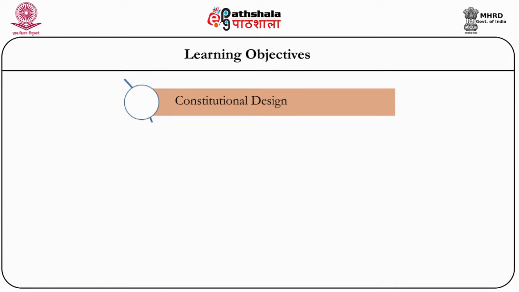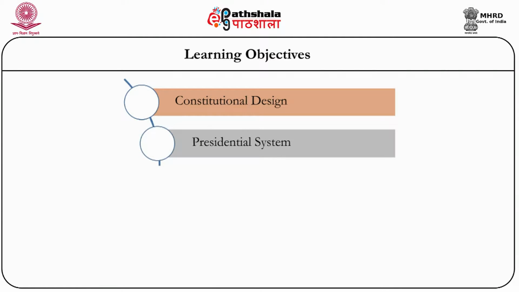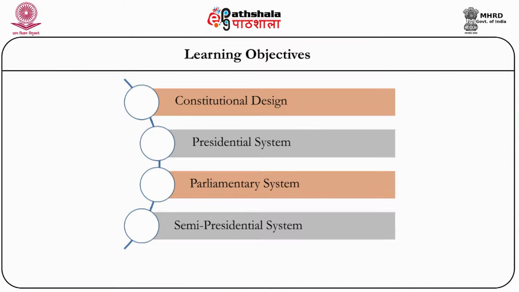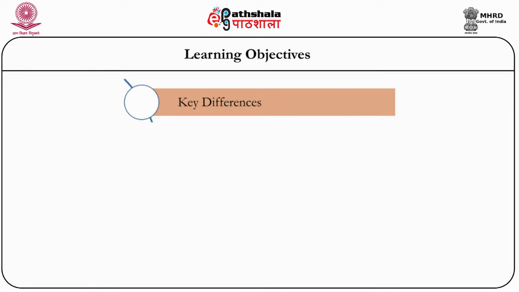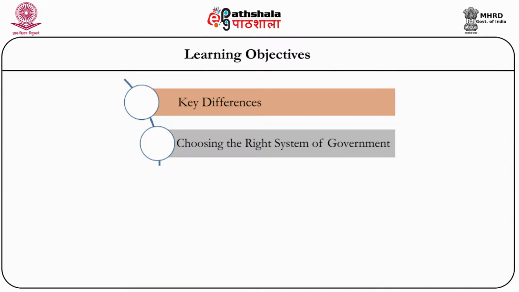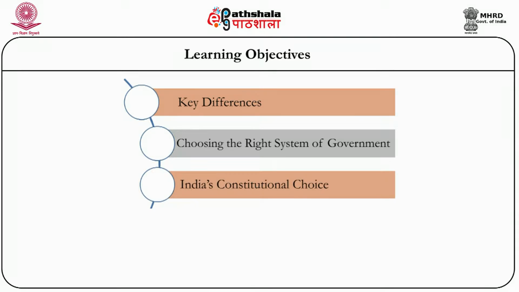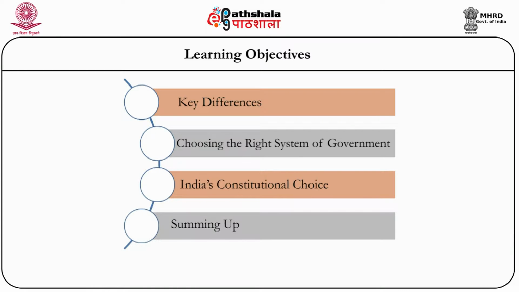Followed by the three forms of government, that is presidentialism, parliamentarism, semi-presidentialism, and then I would be discussing the key differences in these three systems, followed by a discussion on choosing the right system of government and what are the bases on which we choose one system or the other. And finally, I'll be discussing India's constitutional choice, why we decided the system we chose. And of course, in the end, I'll sum up the course and what we learned over this unit.